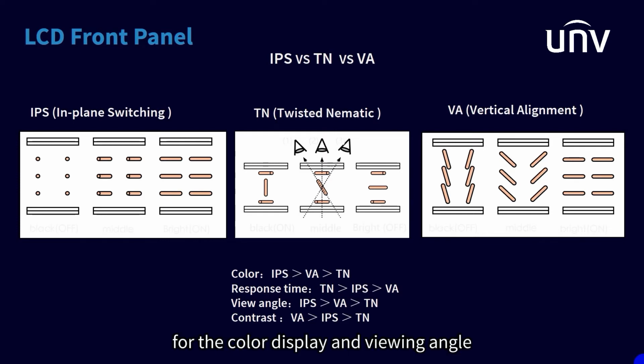For color display and viewing angle, IPS panel is better than TN panel. As for color rendering range and accuracy, it also has impressive performance. What's more, a wide viewing angle is the native advantage of IPS panel, since it will not produce color shift wherever you are looking from. Generally speaking, IPS panel is mostly used for image processing.